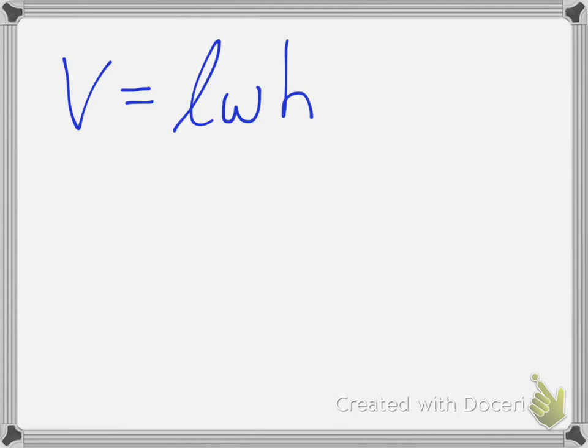Here's a different way of saying volume is equal to length times width times height. Let's say we want to know specifically what L is. Well, we figure out what kind of operation is going on over here. We're taking L and multiplying it times W, and multiplying it times H. So we do the opposite operation, our inverse operation. The inverse of multiplying is dividing.